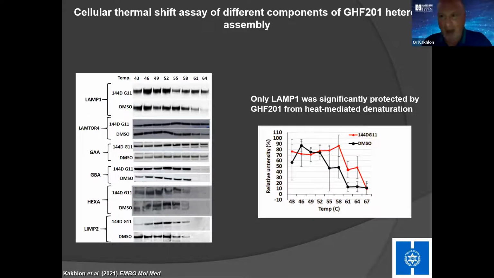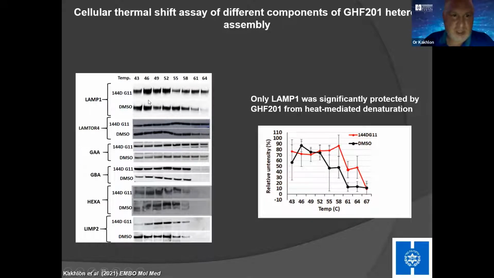And if there is binding of the molecule, it protects it from denaturation. So when you look at the protein in the soluble fraction, when it denatures, it precipitates. It doesn't appear in the soluble fraction. When it's protected from denaturation or more stabilized, it appears more.